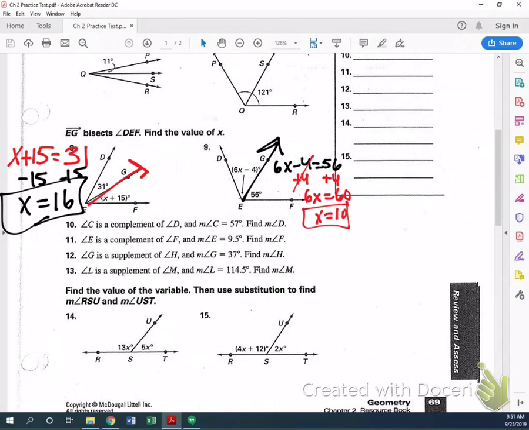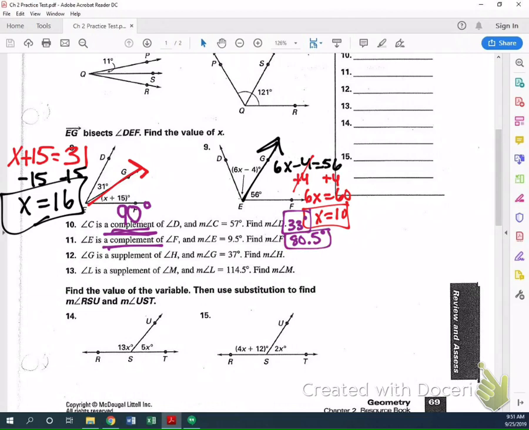All right, number 10. It says angle C is a complement. Complements add to what? 90. So I'm going to do 90 minus 57, which is 33. Number 11, also complements, so also adds to 90. What is 90 minus 9.5? 80.5 degrees.